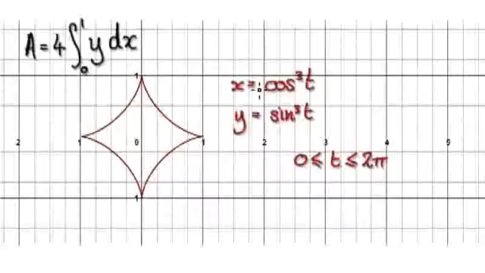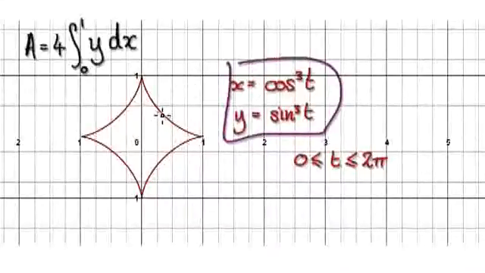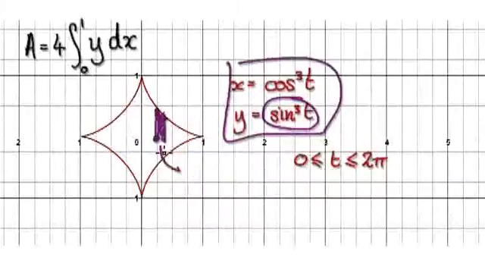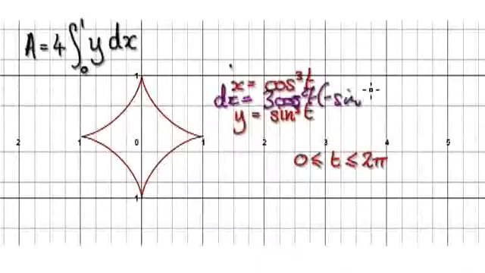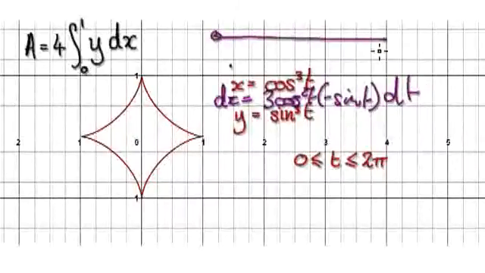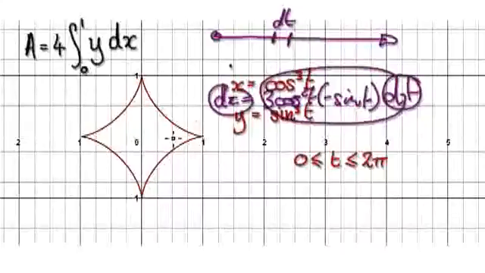Because we're in the parametric realm, to sum up all the strips, we're always going to need the height, which is easy to obtain. To obtain the thickness, we differentiate this, so it'd be 3 cos squared t times minus sine t dt. So this is our dt, a small change in time, and when you combine it with this, it represents the thickness of your strip.